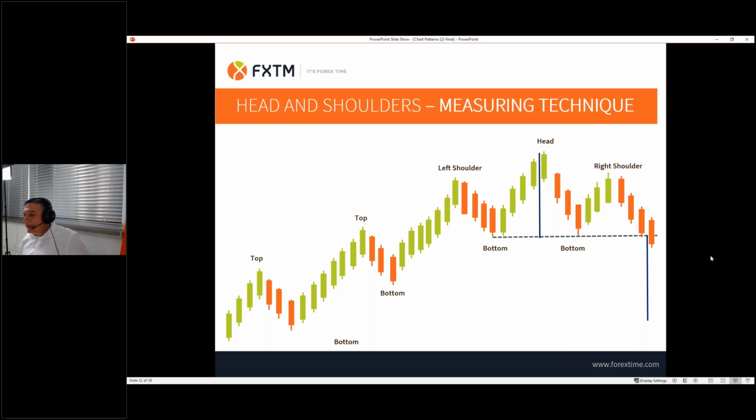Another question is from Sadek. Do I pronounce the name correct? Sadek? Yeah. This pattern is mostly used in what currencies? Or really doesn't matter? Sadek, you know the answer. It doesn't matter. Any currency, any stock, any index, any commodity, any precious metal, any instrument you can apply it on.